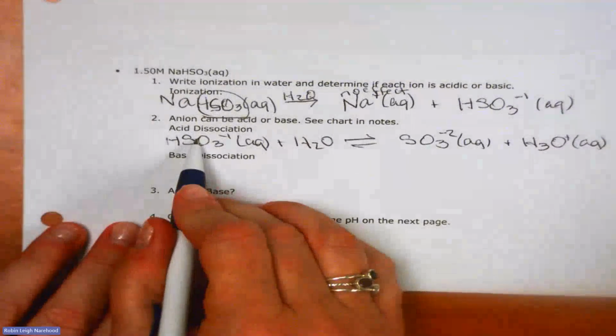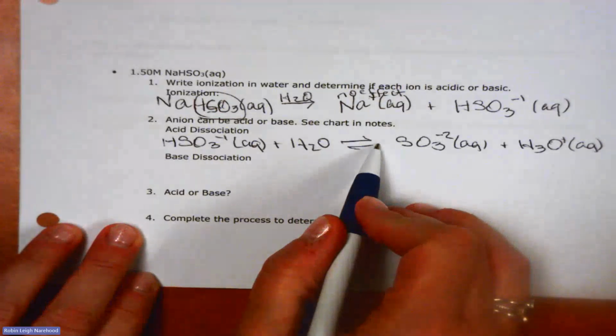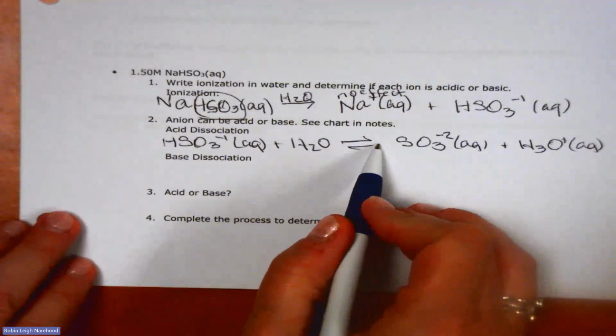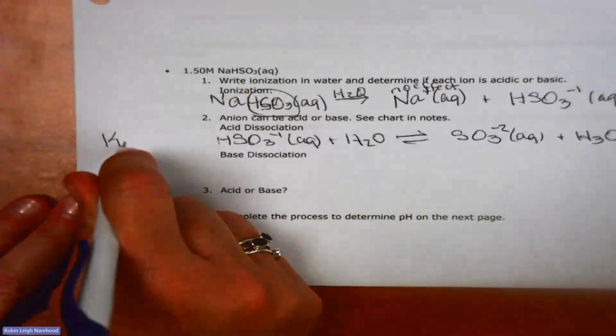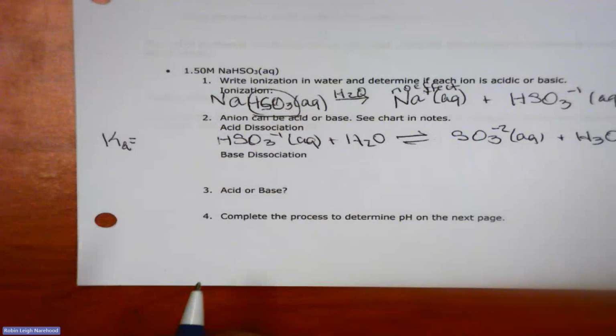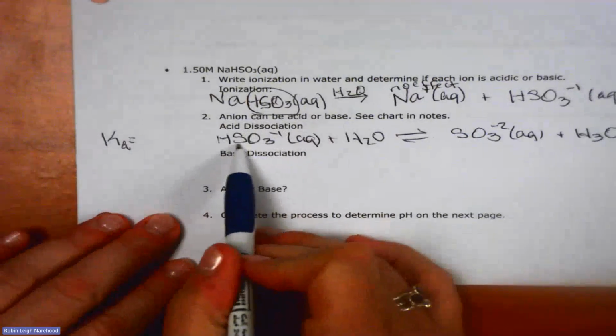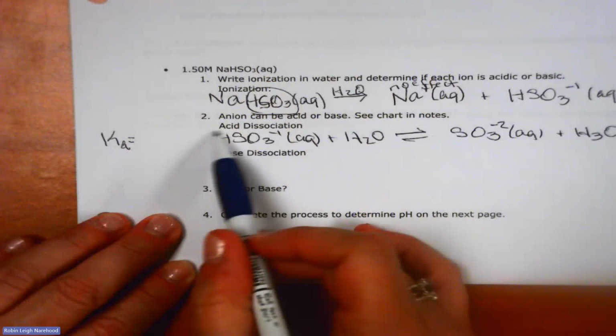This is its acid dissociation. It's weak, so it has equilibrium arrows, and since it's weak, it will have a Ka value that we're going to find in Appendix H.